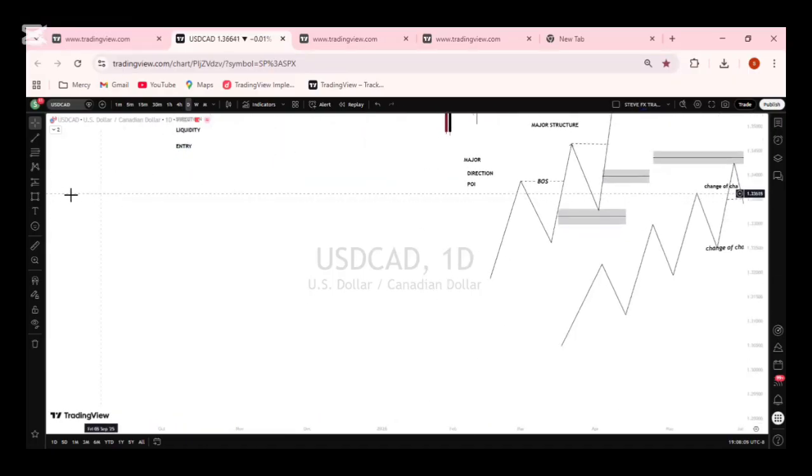So we have the next type of structures, which is our external structures.